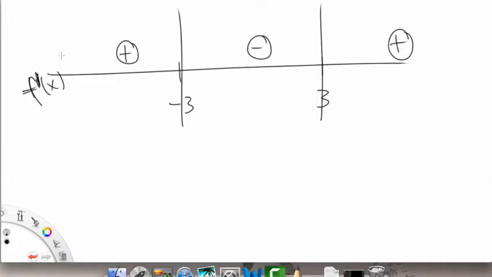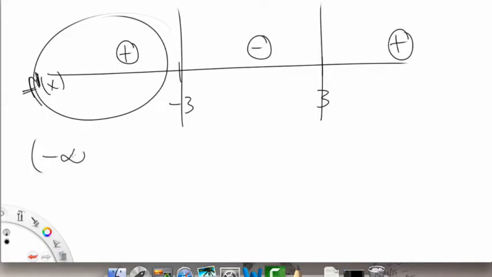So what this means is that this interval here, which we can denote as negative infinity up to negative 3, means that our first derivative is positive, which tells us about the graph of our function. That means it is increasing, okay? So we know that f of x is increasing on this interval. And now let's look at the next interval, all right?